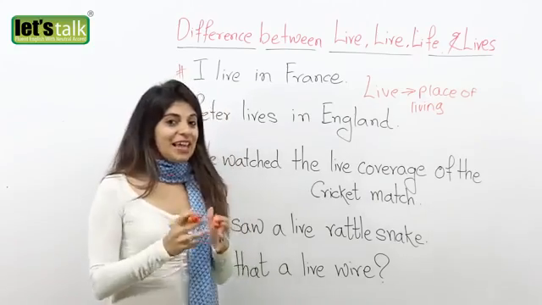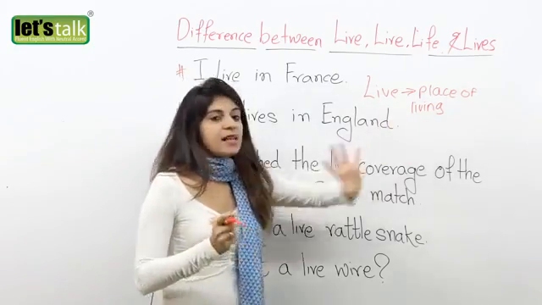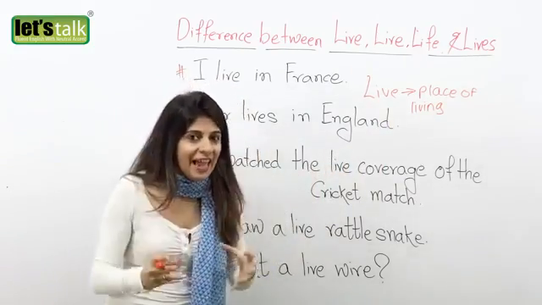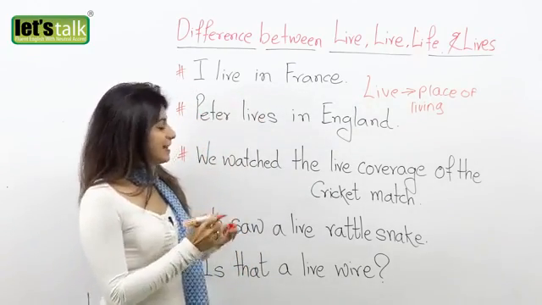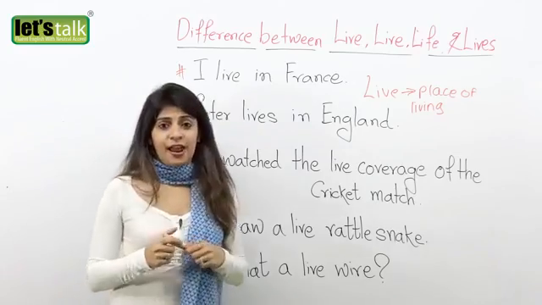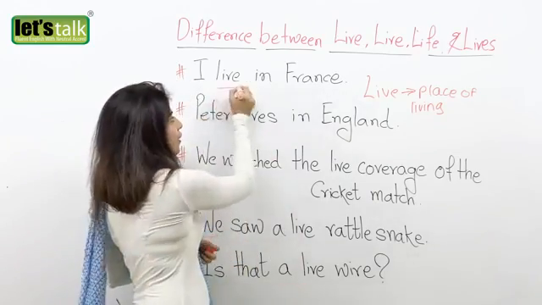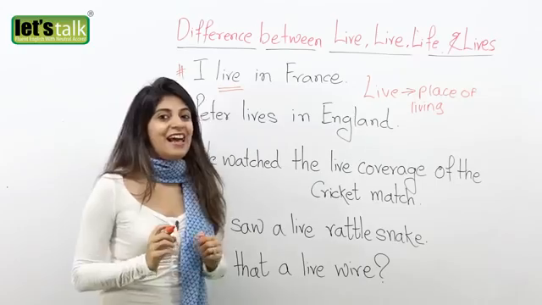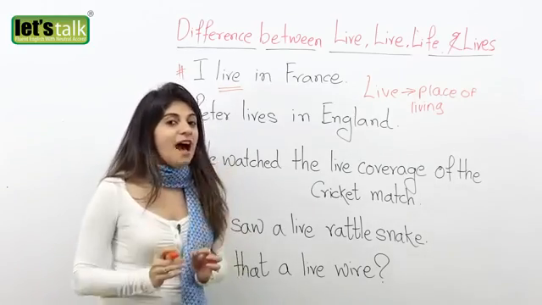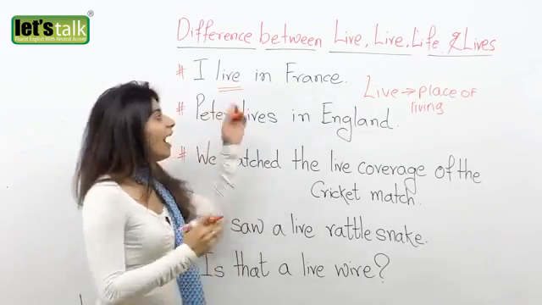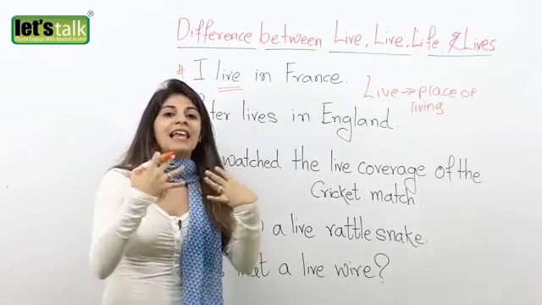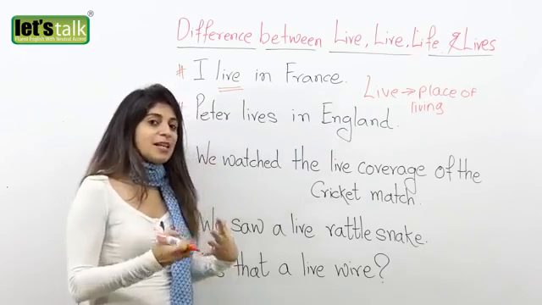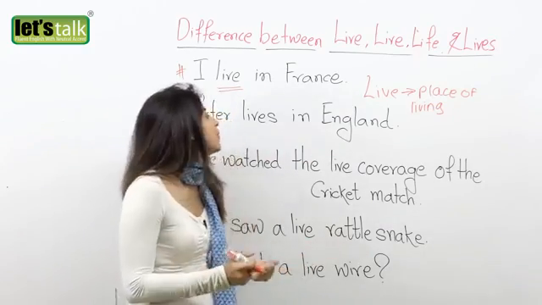Okay, so it means a place where you are located. So if you look at the sentence here, I live in France. So here I'm using the word L-I-V-E, which is pronounced as live. I live in France. That is the place where I live. That is the place where I am settled.